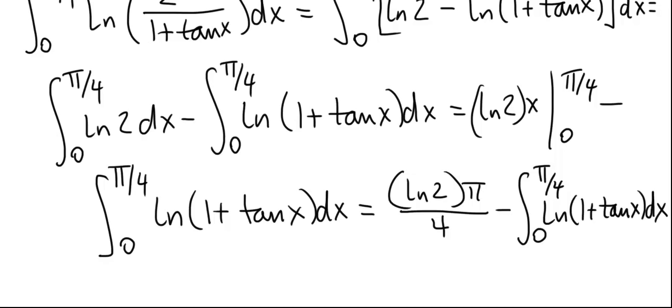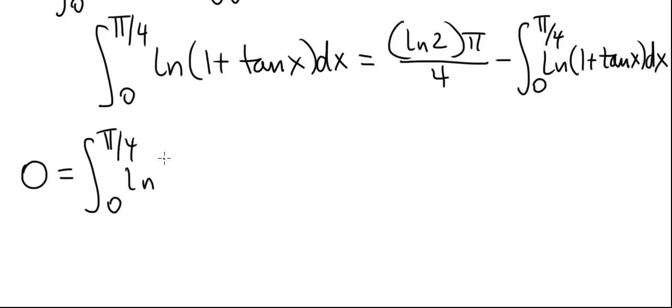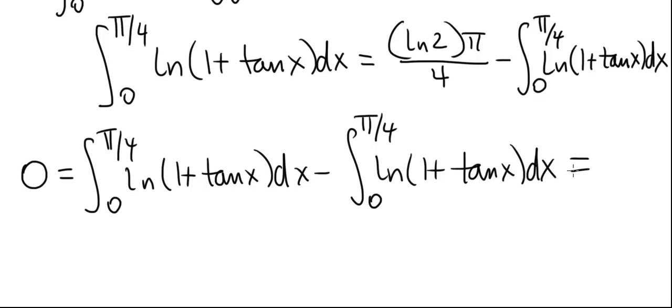Now let's return to the original problem, and I'm going to write it like this. 0 is equal to the integral from 0 to pi over 4 of natural log of 1 plus tangent of x minus itself, the integral from 0 to pi over 4 of natural log of 1 plus tangent of x. But we know that the integral from 0 to pi over 4 of ln of 1 plus tangent of x is equal to this expression up here.